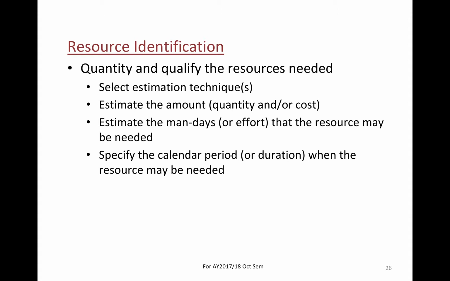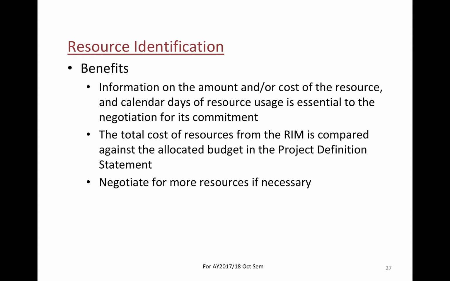Then you have to estimate the amount of the cost, the man days, anything that is related to the project should be factored in. Then the benefits: what benefits can they bring to your project?